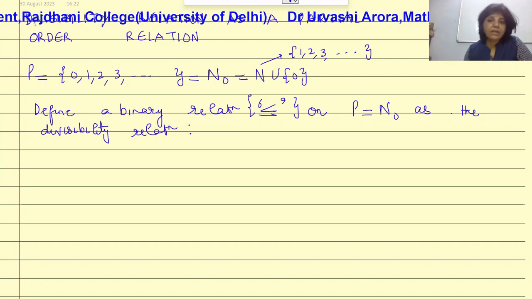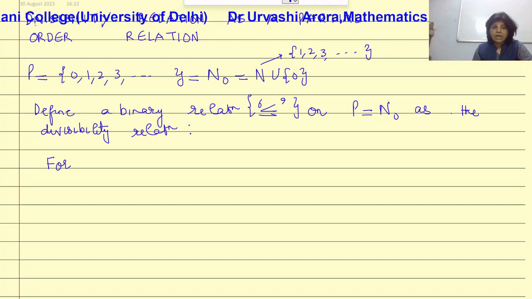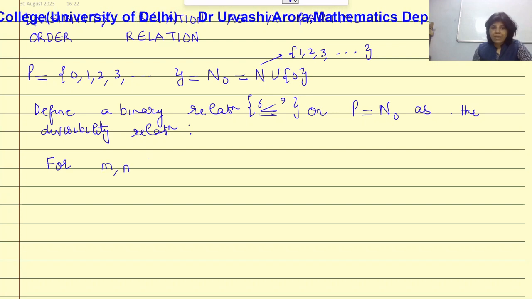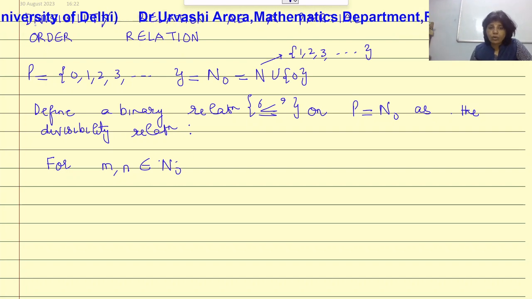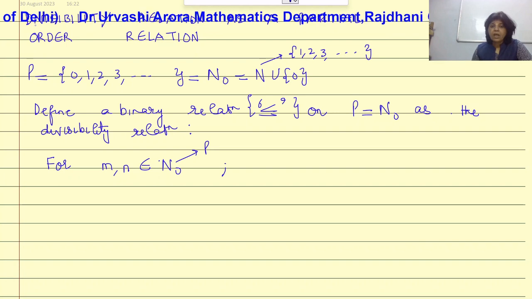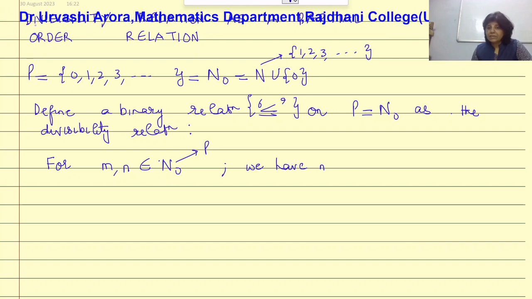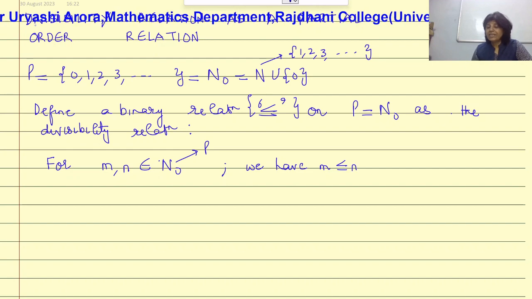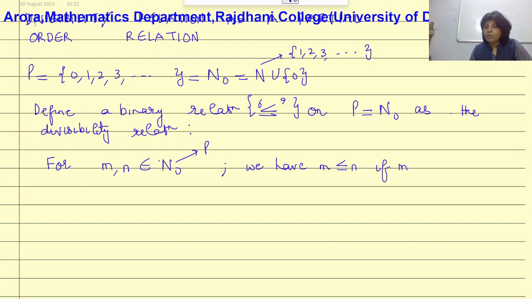Because my underlying set is the set of whole numbers, I pick up any two whole numbers, let's say m and n belonging to N naught, which is the set P. We say that m is related to n if m divides n.